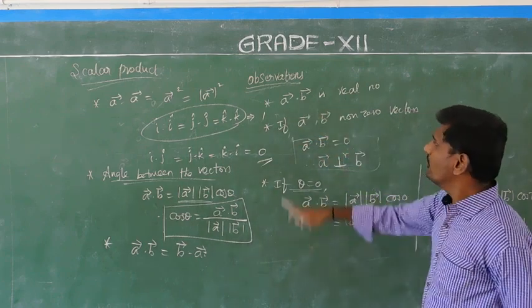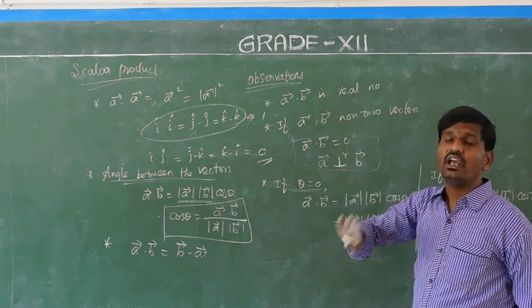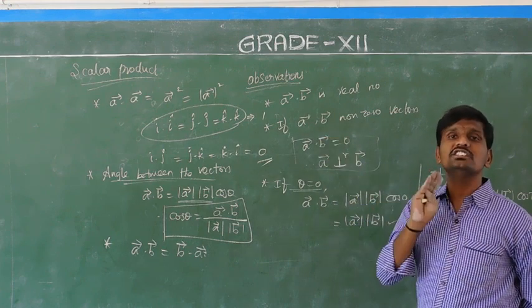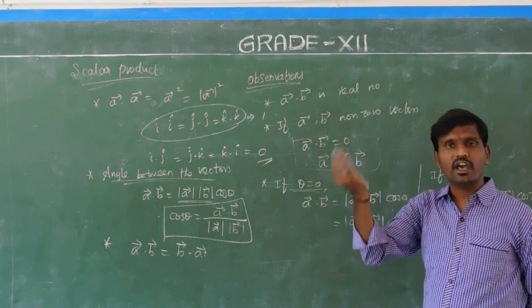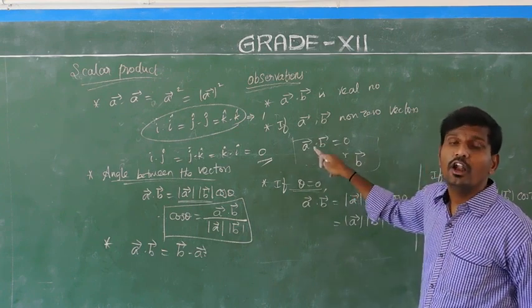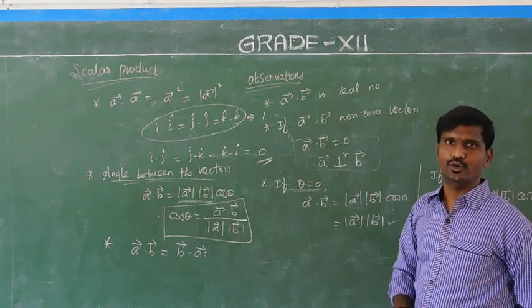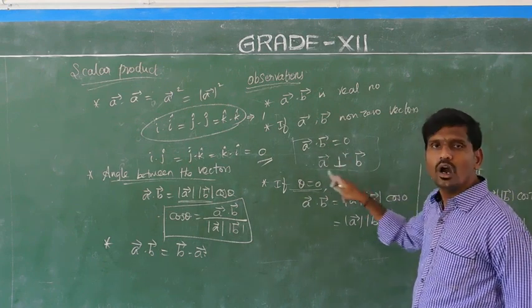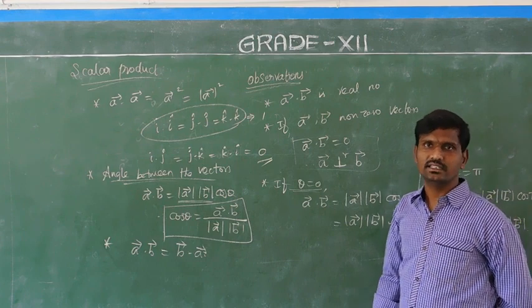This is your first point. If A vector and B vector are two non-zero vectors and they are perpendicular, the condition is A vector dot B vector equals 0. Then only they are perpendicular to each other.